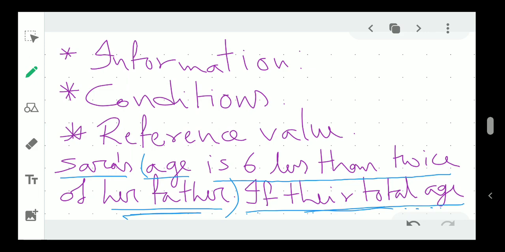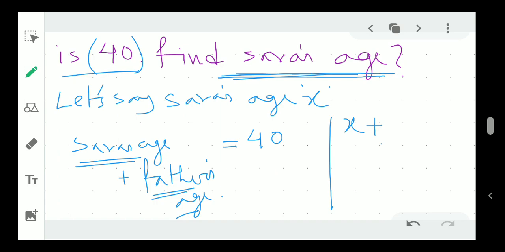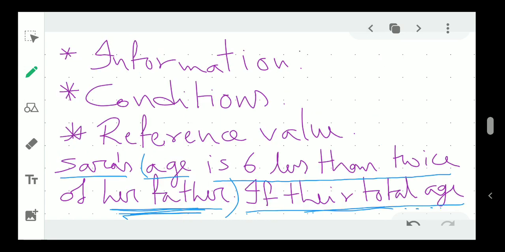Whenever you get this kind of question where you have already considered what you have to find out, but you see that Sarah's age is 6 less than twice of her father is given, if I would have taken her father's age as X, it would be very easy to calculate Sarah's age.